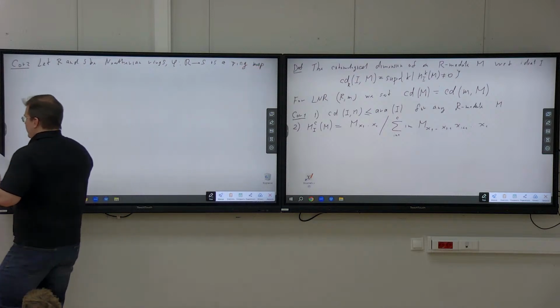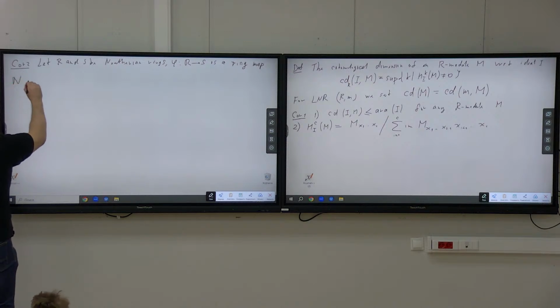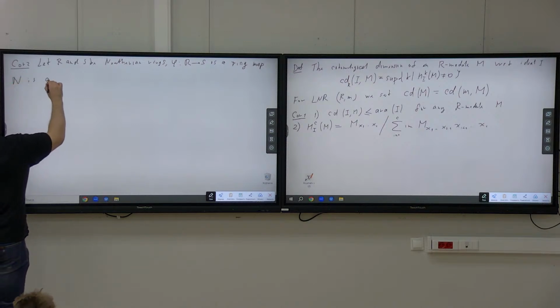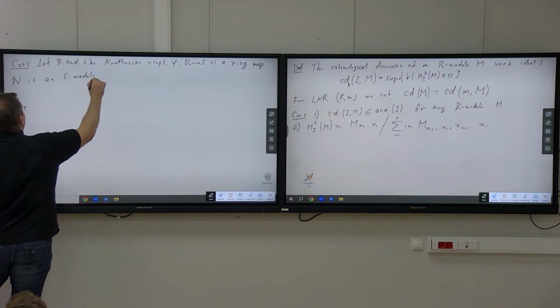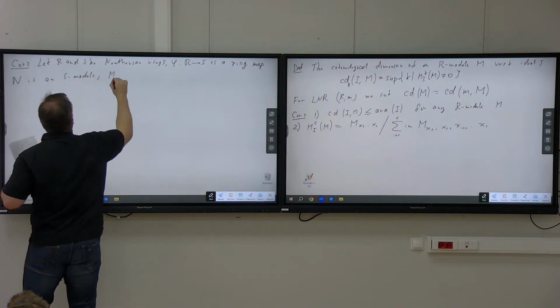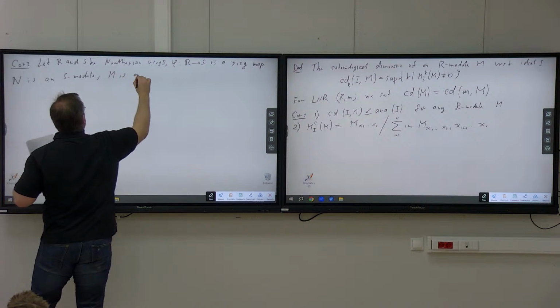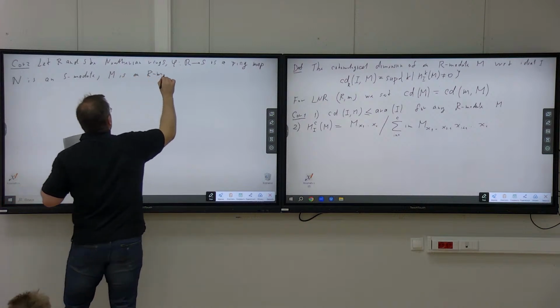And we have modules. So N is an S module, and M is an R module.